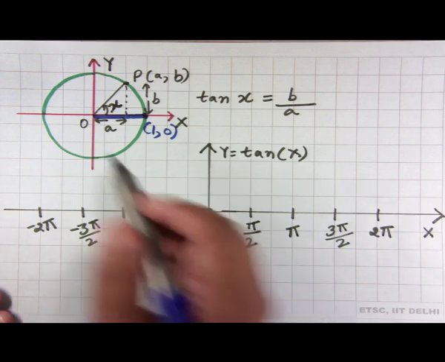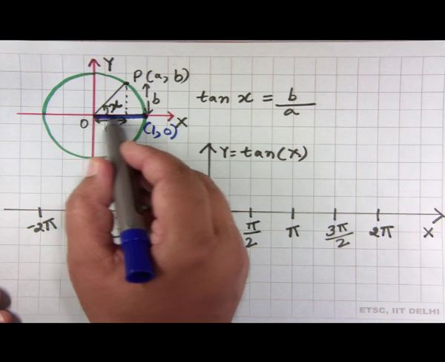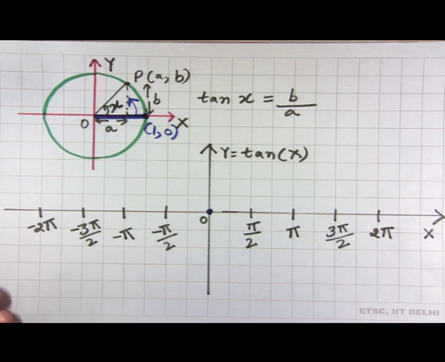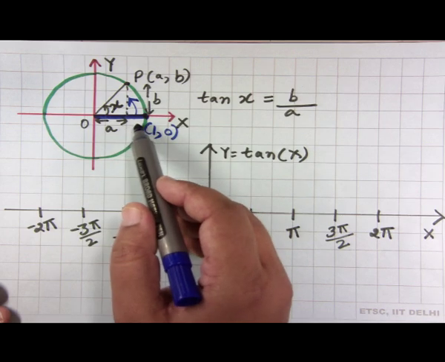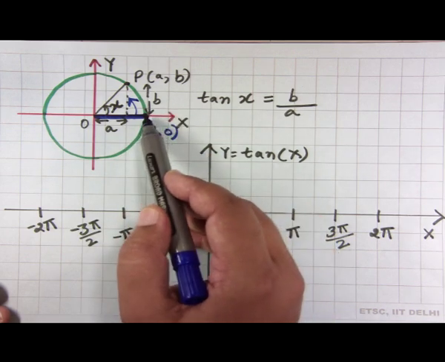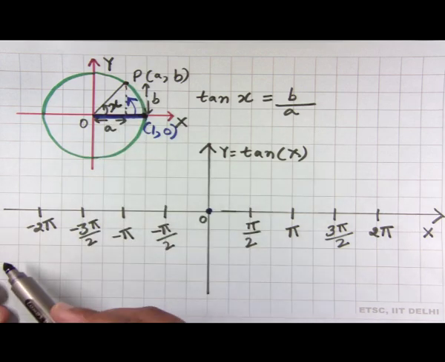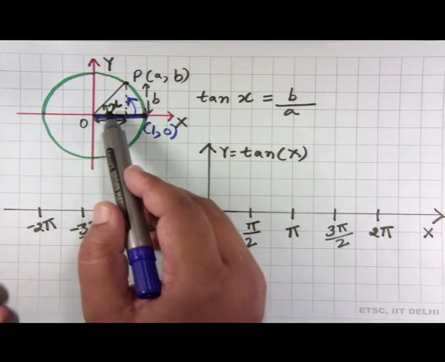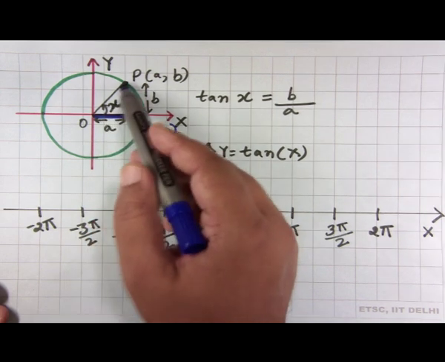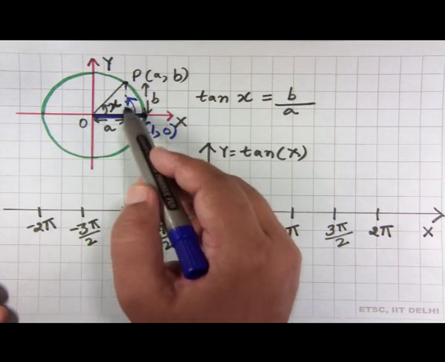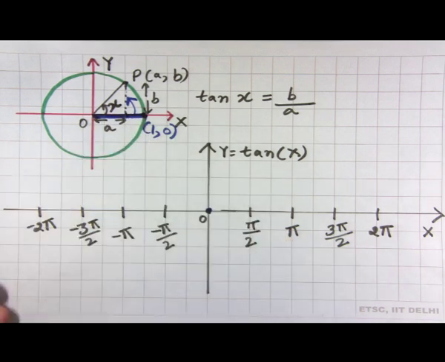And then as we increase x, what that means is that we rotate this ray in the anti-clockwise direction. So, that is going to increase the value of x. So, when we increase the value of x, what starts to happen is that the y coordinate, which was initially 0, will start taking positive values. For example, at x equal to 45 degrees, we have a right isosceles triangle here, for which both the y coordinate and the x coordinate will be equal, right.